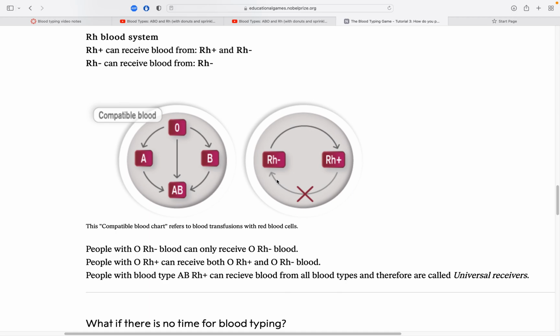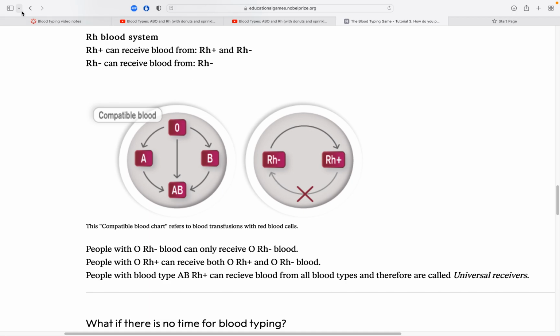So how are you going to remember that? Plus means that they can do more than minus. So if you have a B negative person, they can receive blood from a B negative or an O negative, and that's it. If someone is A positive, they can receive blood from another A positive or O positive or O negative or A negative. So you got to keep track of that too.